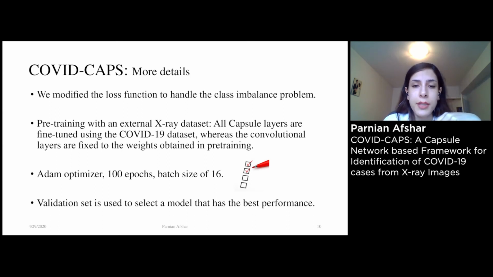We use Adam Optimizer with 100 epochs and a batch size of 16. We also use a separate validation set to get the weights that are giving the best performance, and then we use these weights for testing our model.